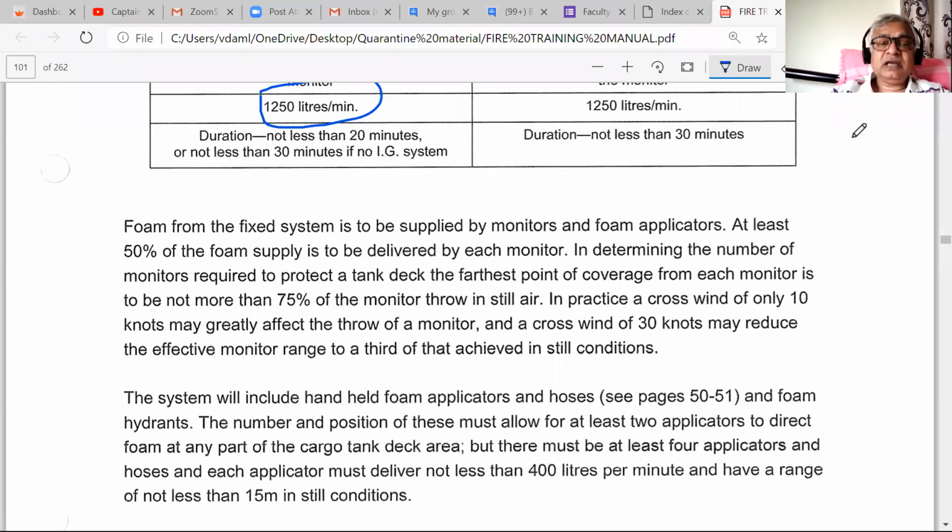But if you're dealing with the cargo with this sort of a rate, 1250 liters per minute, and you have to handle it for not less than 30 minutes, more or less 30 minutes, and you have got applicators, what you do is you keep on dumping foam. You keep on dumping foam because no matter what happens, even if the deck has burst open, the oil will be below deck level. So it is possible to dump foam all over. That is what you are supposed to do.